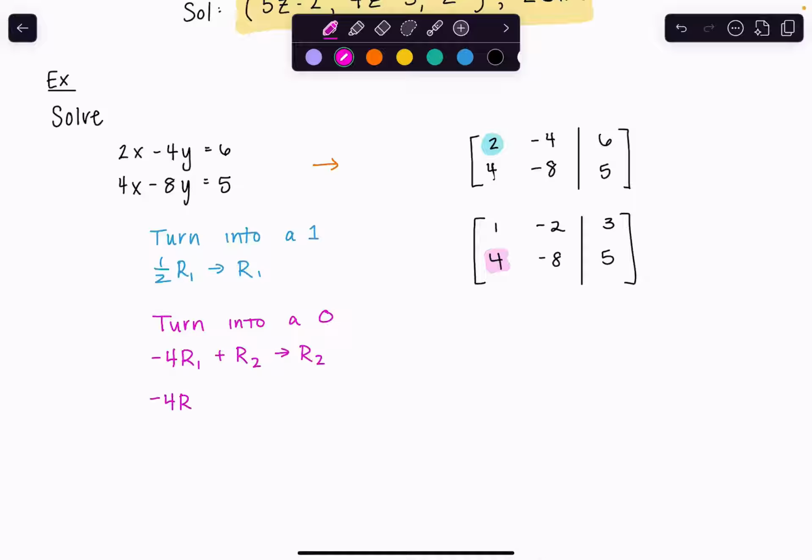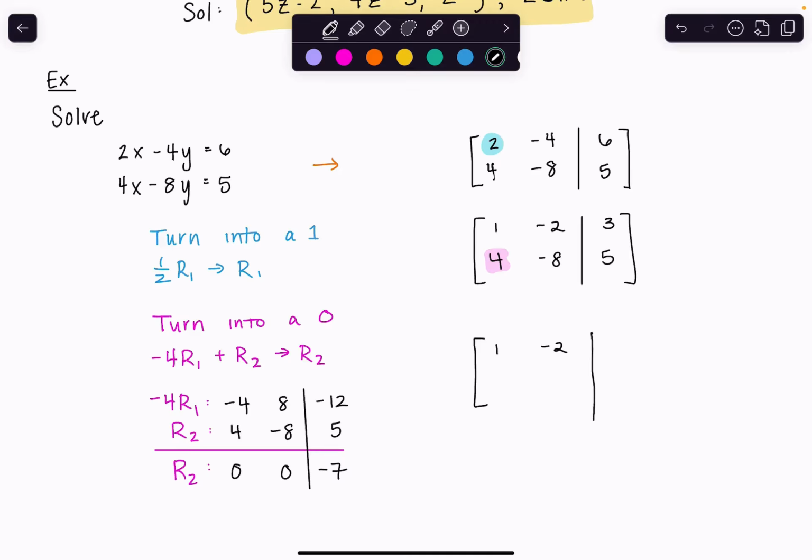So going ahead and writing this out. -4 row 1 is -4, +8, -12. Then we've got 4, -8, and 5. So that gives us 0, 0, and -7.